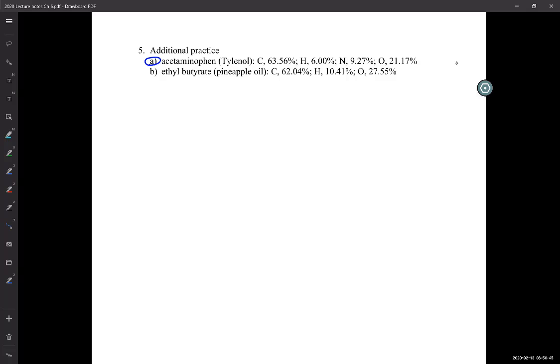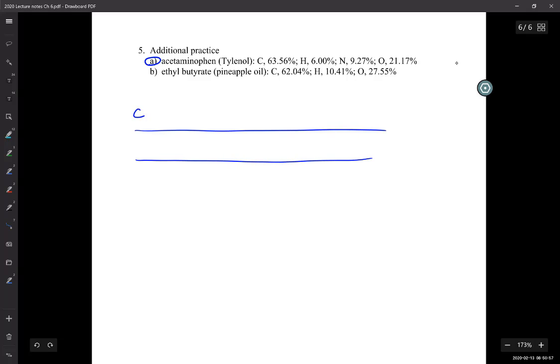What do you need to have? Make a table, right? And you're going to have the elements. So I'm just going to make a line and say C, and another line and say H, and another line, say N. That's the one I was hoping you'd take because it has more elements in it.